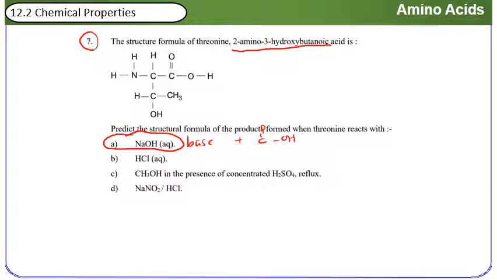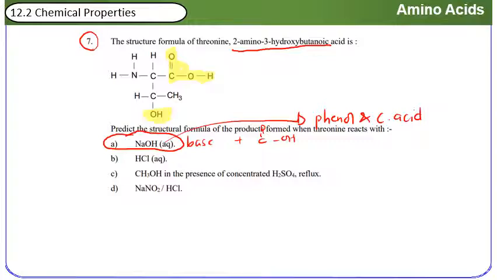From this question, we notice that there are two acid-like groups: one is the OH, and the other is the COOH. But NaOH only reacts with phenol and carboxylic acid, so the OH will not react with the NaOH.